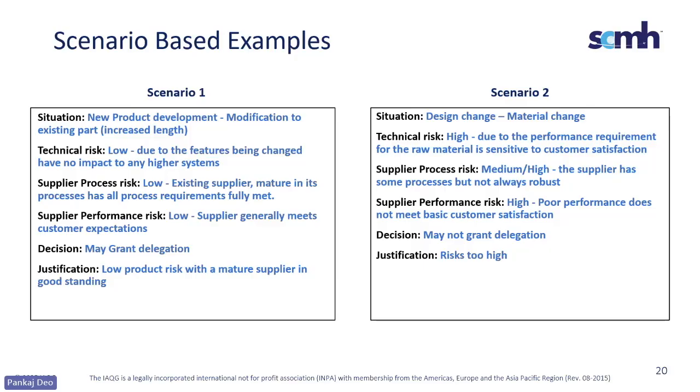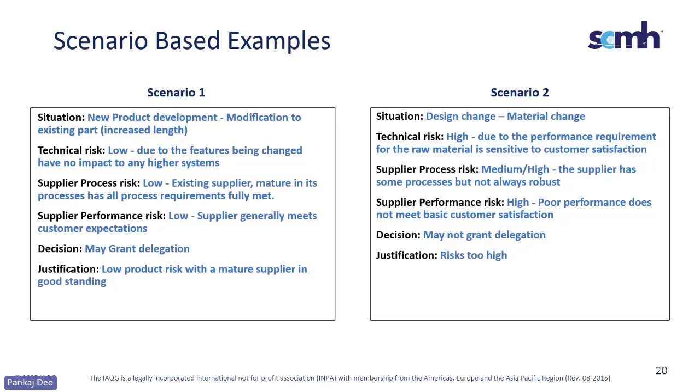This particular supplier has some processes, but gaps have been seen. They are not robust, and in terms of performance, they are not performing well on customer satisfaction KPIs. Maybe their on-time delivery is not where it is expected, or they have high PPM.